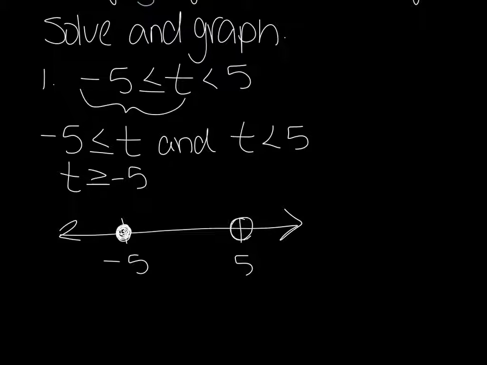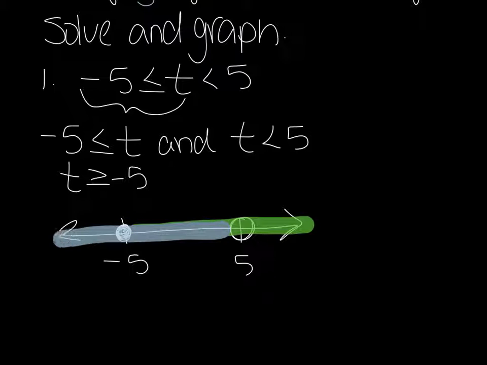At 5, will I have an open or a closed dot? Open. Okay, so now I get one of your highlighters. And let's start with this one. t is greater than or equal to -5. At -5, do I need to shade to the right or to the left? To the right. And t is less than 5. At 5, do I shade to the right or to the left? Left. Okay, once you get your graph shaded, look whether you have an and or an or.